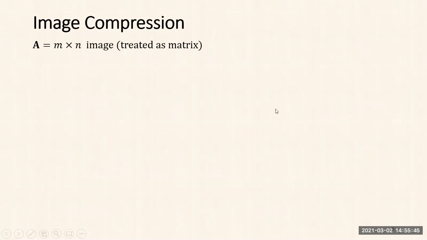So let's take an image, and we'll assume that it's a grayscale image, M by N image, and it's a matrix. You see how an image is a matrix, right? I take the pixel values as the entries of the matrix. Now, unit cost equals cost of transmitting a single pixel. So we are measuring cost.